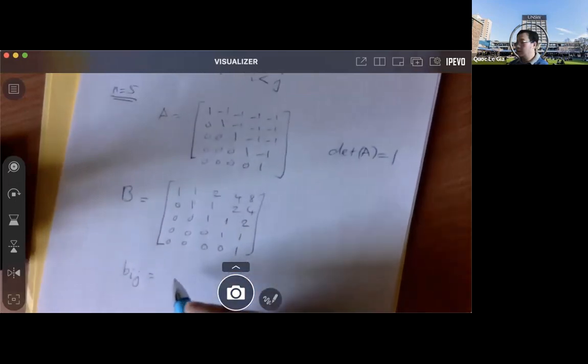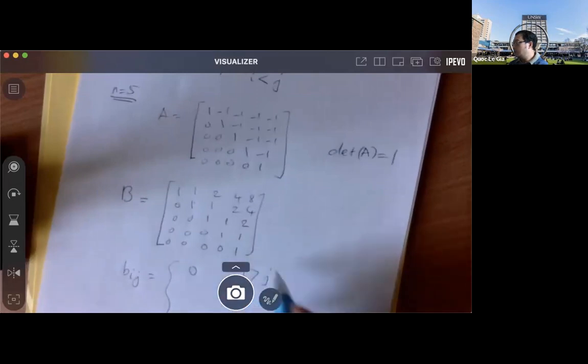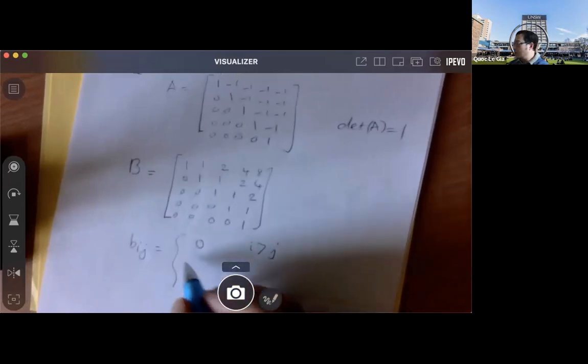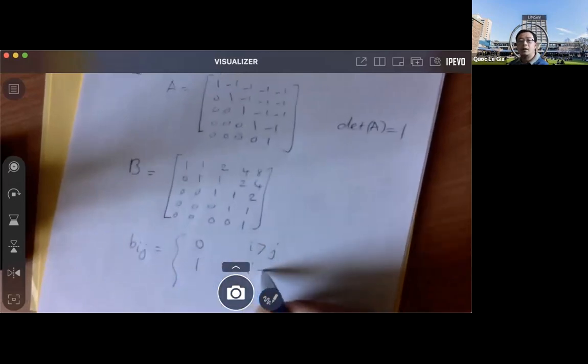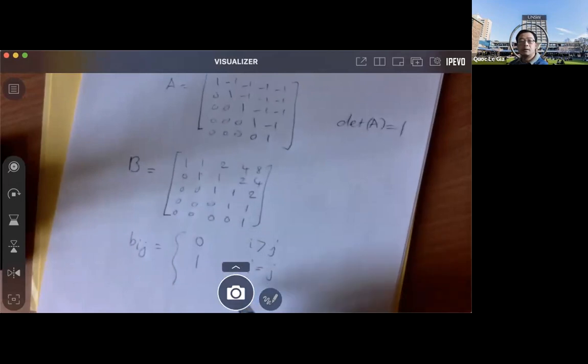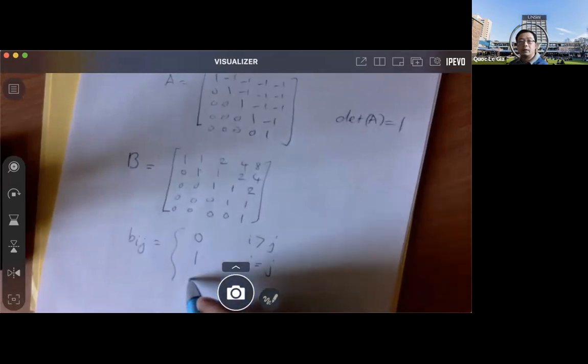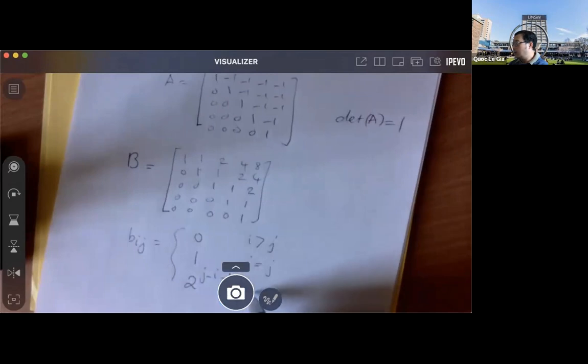Bij is 0 if i is bigger than j, the row bigger than the column, and equal to 1 on the diagonal entries. And if it's upper diagonal, then it's 2 to the j minus i minus 1 if i is less than j.